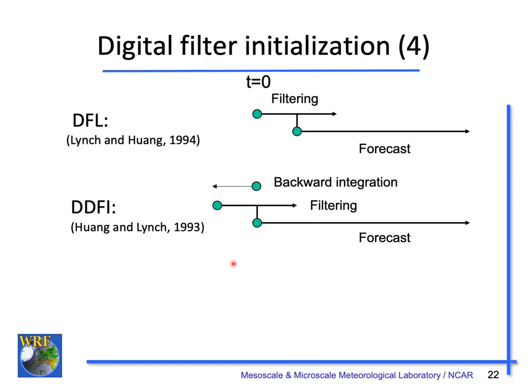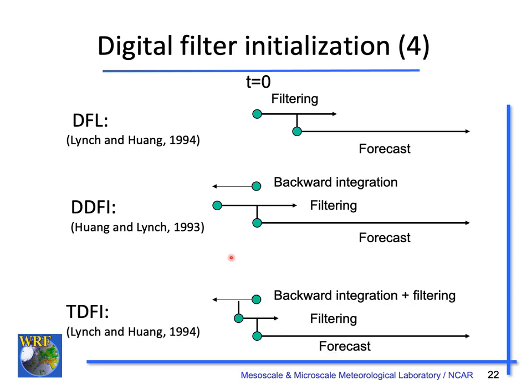This option can alter the model initial state. The third option is called twice DFI. This option differs from the second option by doing filtering during the backward integration as well as the forward integration. Like the second option, this one will change the initial model state too.